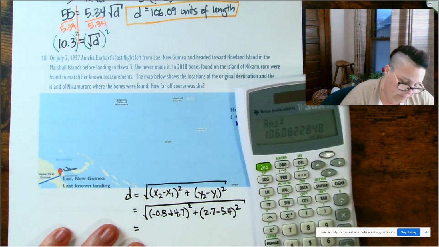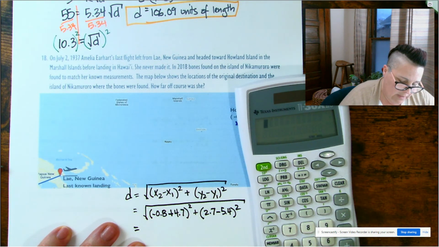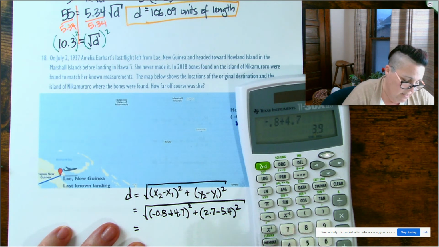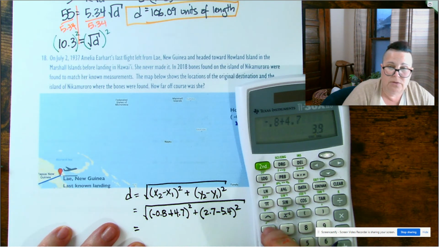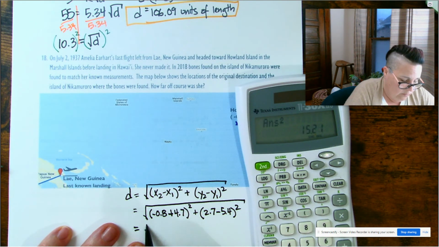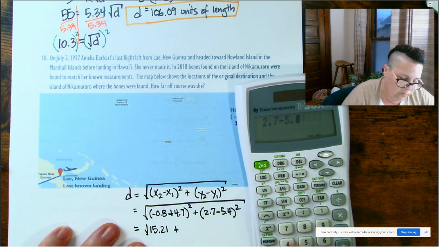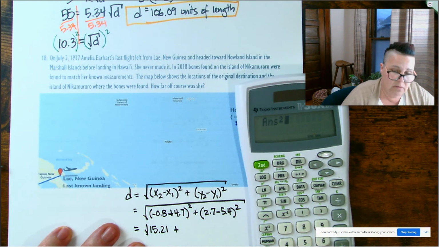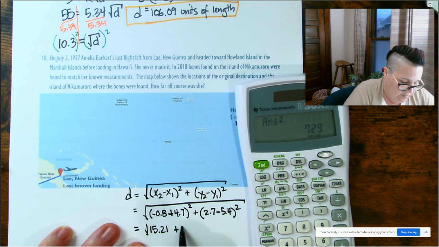Okay. Now I'm going to do -0.8 plus 4.7. To get what that number is, it's 3.9. And then I'm just going to hit the squared. And we get the square root of 15.21 plus 2.7 minus 5.4. That's at -2.7. I'm just going to tap squared. And I'm going to get 7.29.